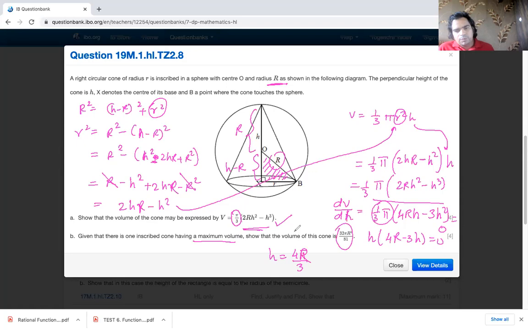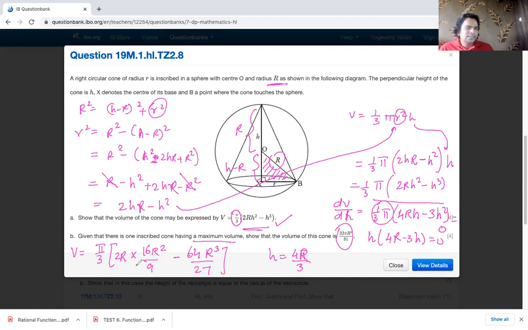And now we're going to plug this height into this particular formula. So what we get is volume will be pi by 3 times 2R as it is, times h square, which is 16R square over 9, minus h cube, which will be 64R cube over 27.